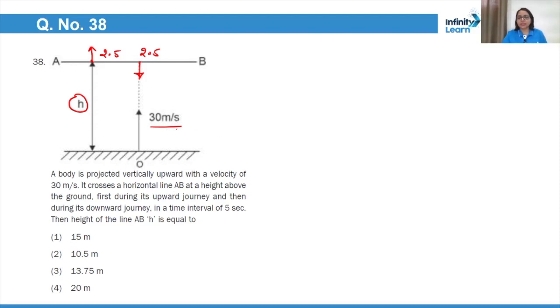So it is projected with 30 meter per second. So its velocity will become 0 in time u upon g, that is 30 upon 10, that is 3 seconds. So it will take 3 seconds to go up to its maximum height. But out of this 3 seconds, it is taking 2.5 seconds from AB to maximum height, right? So only 0.5 second will be taken to cover this height h, right?